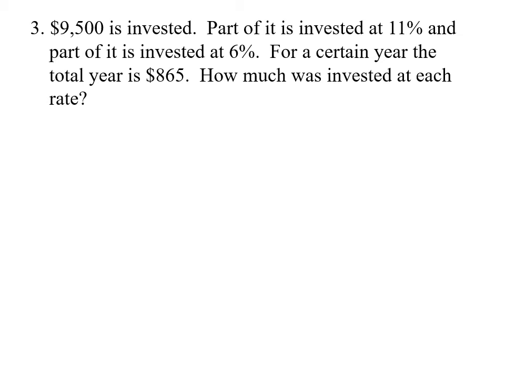So if you do it with a system, you have to have two equations. The first equation is based on how much was invested. So you'd have to have two different accounts that make up $9,500. And I might say that the 11% was the X and the amount at 6% was the Y. But X plus Y has to be the total.